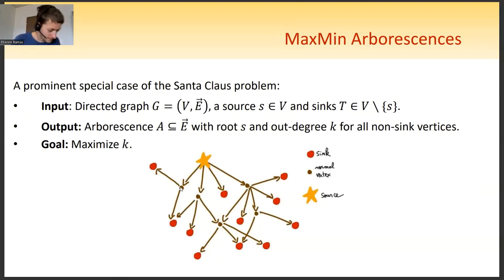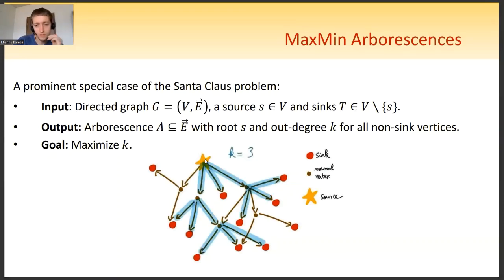Now I have a number k in mind. I want to find an arborescence that is rooted at the source and such that every vertex that is in the arborescence and is not a sink has out degree k. We want an arborescence that maximizes the minimum out degree. Maybe it's not clear so far what the problem is, so let's see an example.